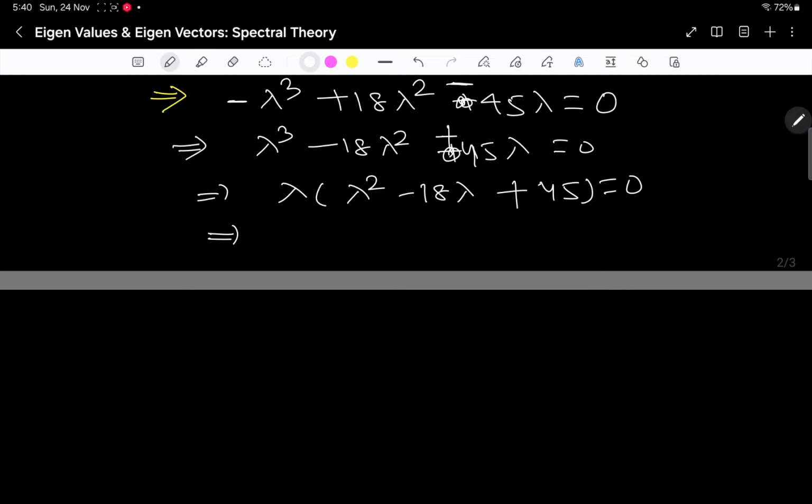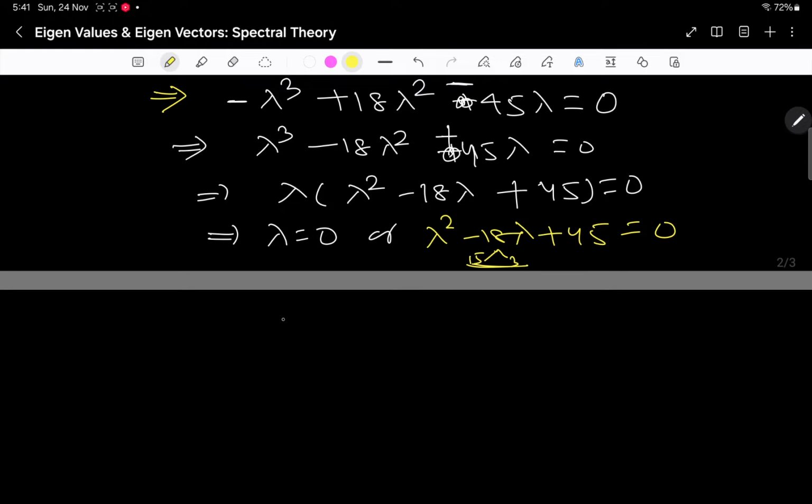So this implies lambda is equal to 0, or lambda square minus 18 lambda plus 45 is equal to 0. You have the middle term factorization. You see this 18, 15 and 3.